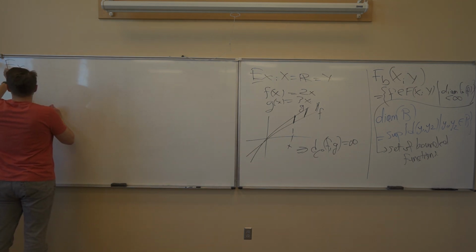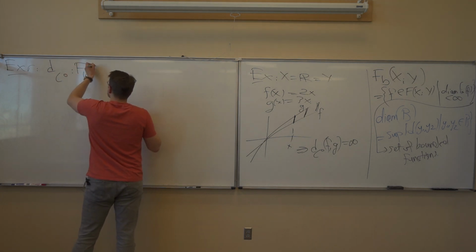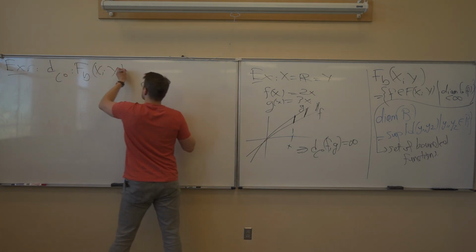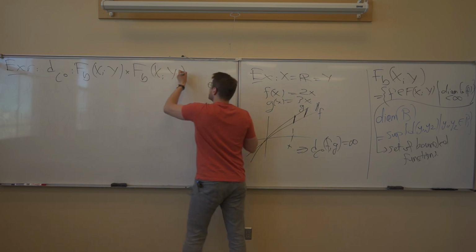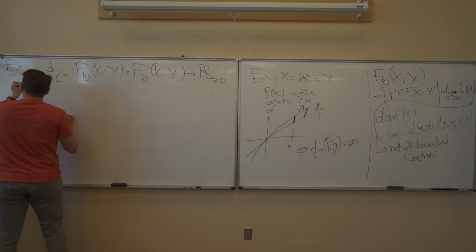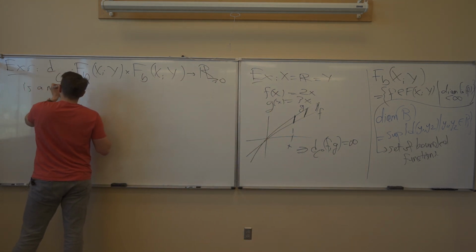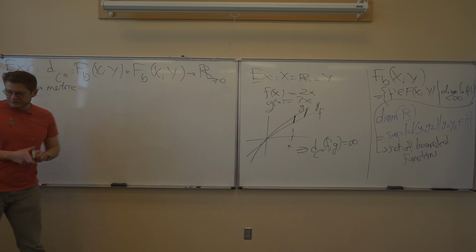Exercise: d sub c0 is a metric. The hardest part of this is the so-called triangular inequality, which we had discussed, but it's a good idea to go through the computation again. It's a very nice exercise.